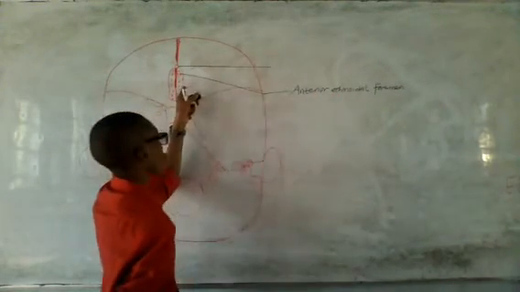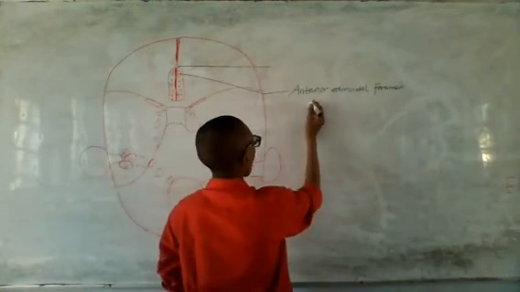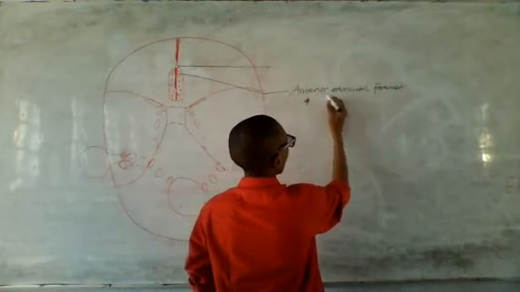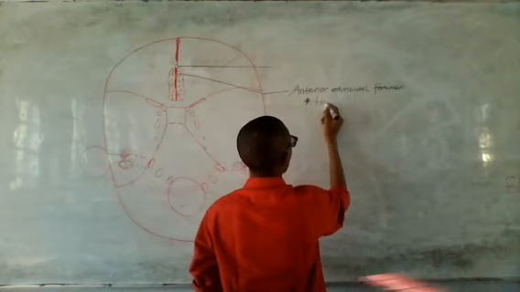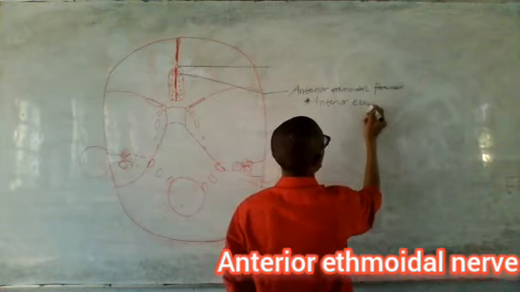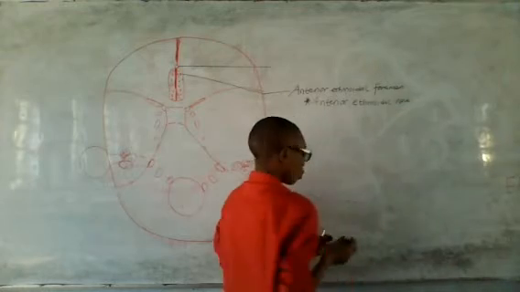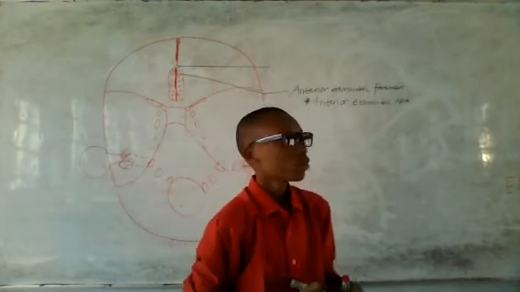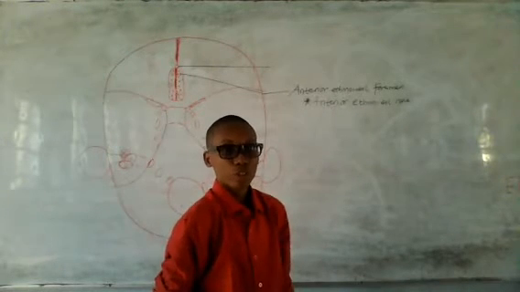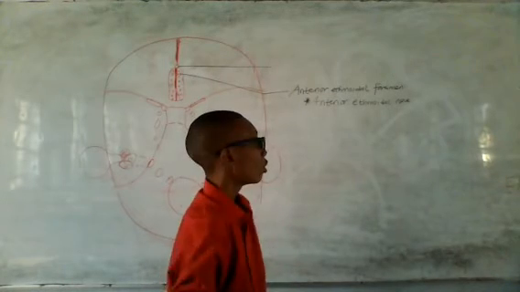One of the structures here is the anterior ethmoidal foramen, and the structure that passes through it corresponds with the name: the anterior ethmoidal nerve. When we discuss the trigeminal nerve, you will notice that this anterior ethmoidal nerve is a branch of the trigeminal nerve. We'll discuss that when we are discussing the trigeminal system.